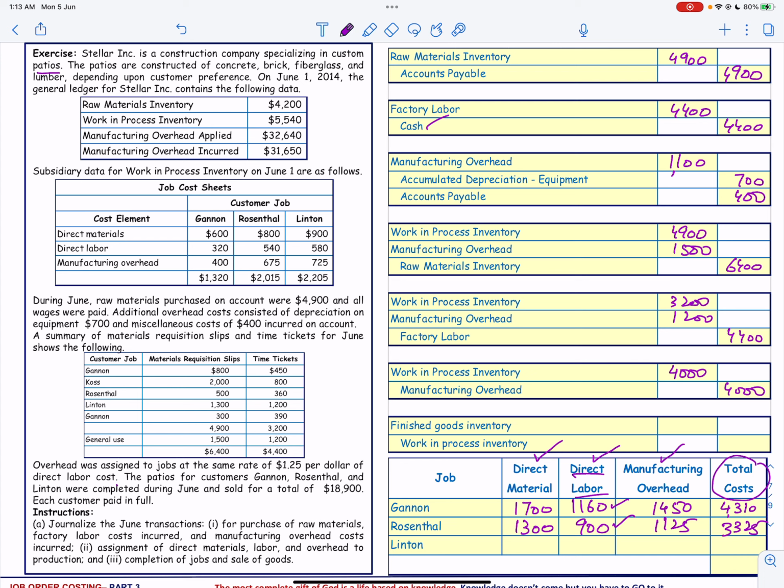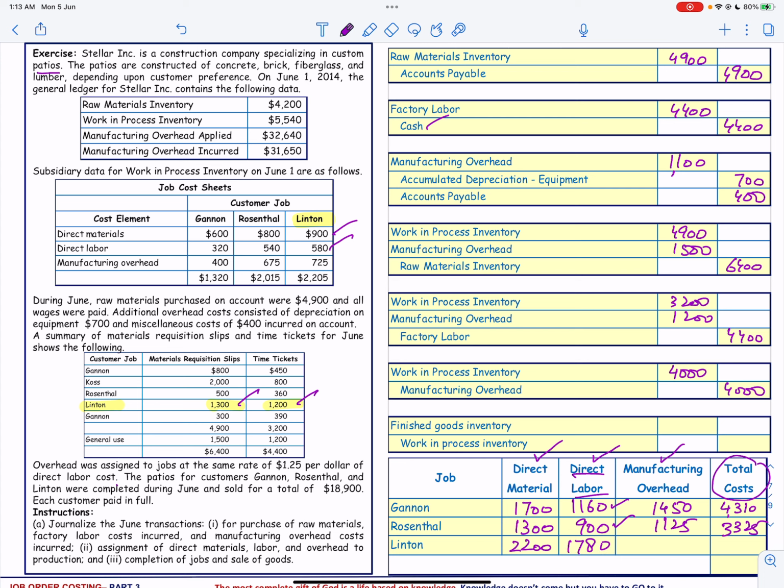Then we go for the third customer, that is Linton. For Linton, again we have the direct material, and direct material for Linton is 900 plus 1,300, that makes 2,200. Then we have direct labor, and direct labor is 580 plus 1,200, that makes 1,780.